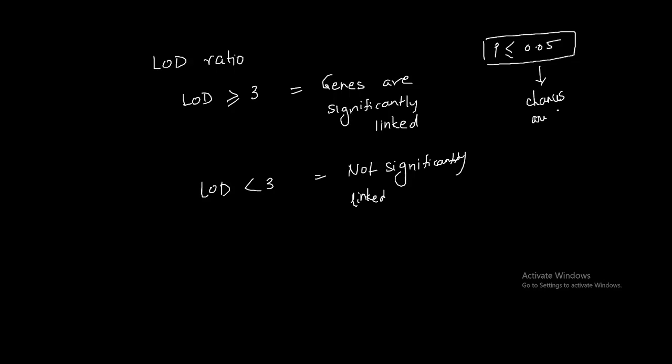The chance of the event is only 5%. 95% you are sure about the results. Only 5% you can say there are chances that I will get this error. There may be error, but 95% there won't be any error. So this is the significance, the p value, which is a significant value.